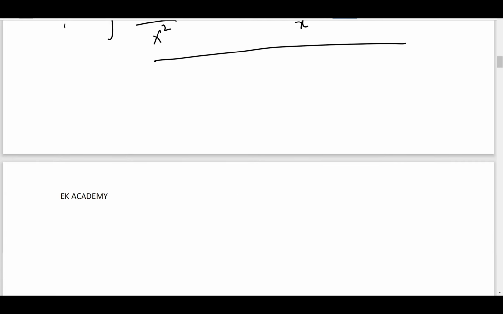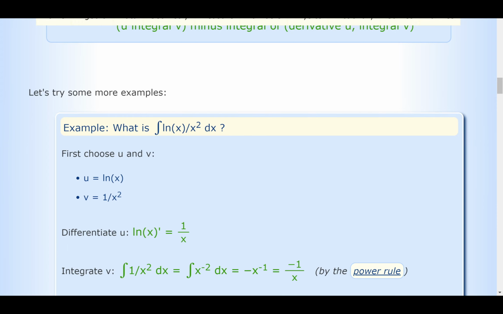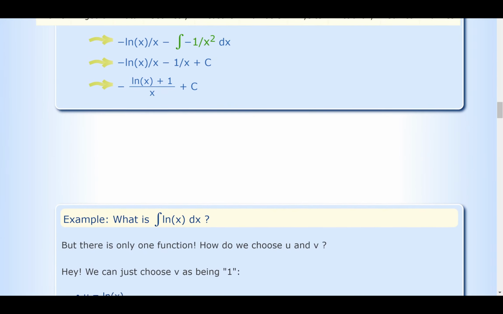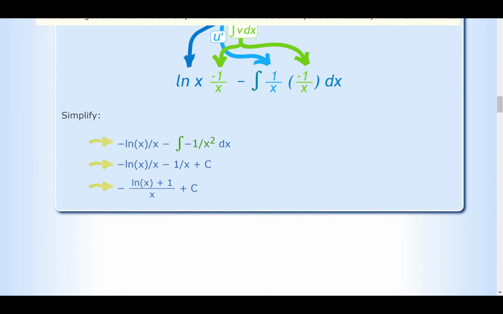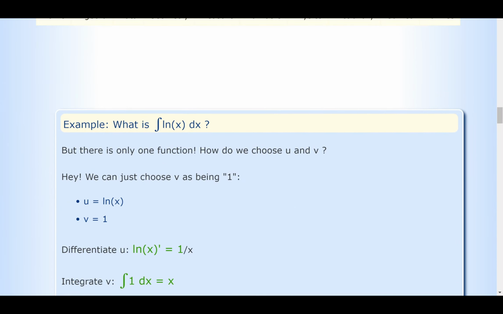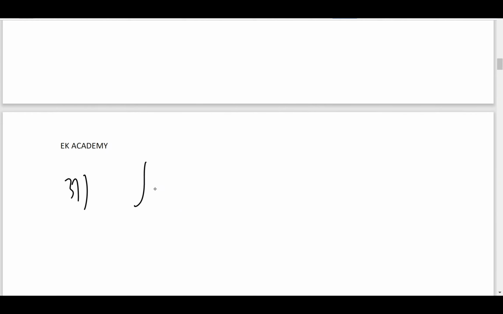We proceed to example number 3: the integral of ln x dx.